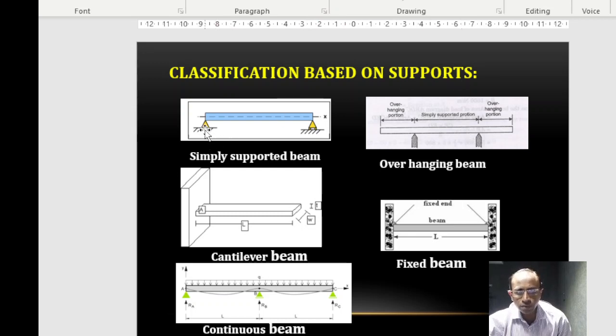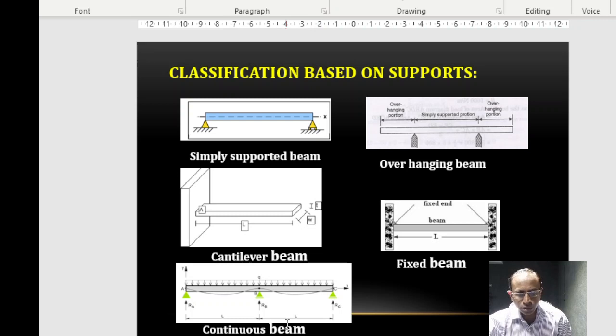When you use a combination of hinge support and roller support, it is called a simply supported beam. When you are using only fixed supports, two fixed supports on either side, it is called a fixed beam. Only one fixed but the other one free, then it's called a cantilever. When it is resting on two hinges but with some overhanging portion on one side or both sides, it is called an overhanging beam.